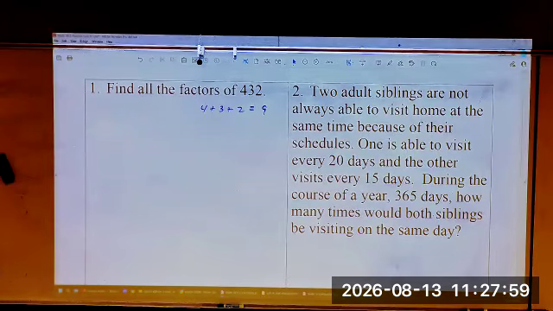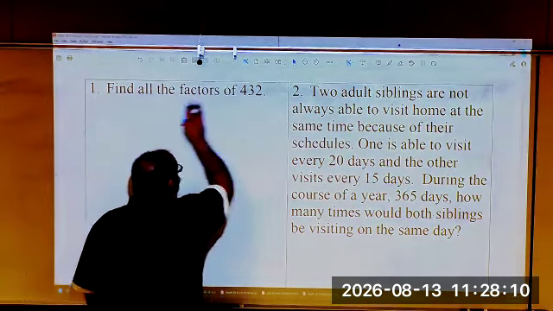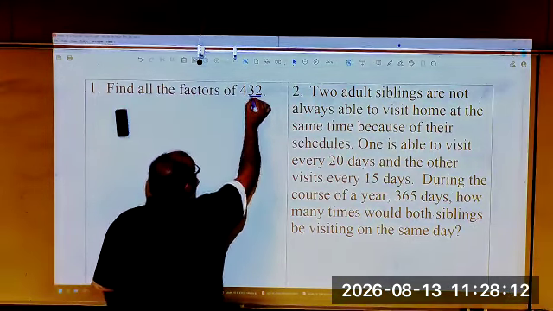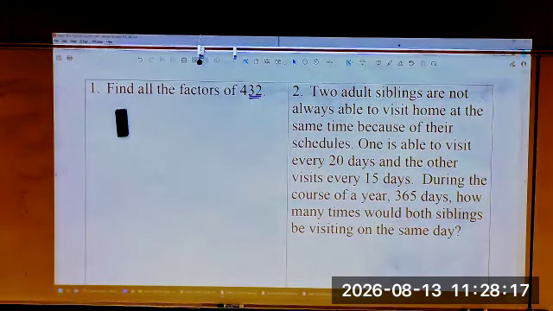The rule for 4. All these rules are kind of different, but you can mix and match a few of them. The rule for 4 is if the last 2 digits of any number are divisible by 4, then the whole number can be divided by 4.